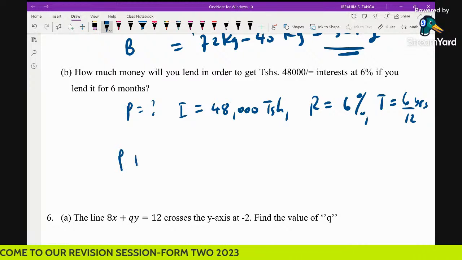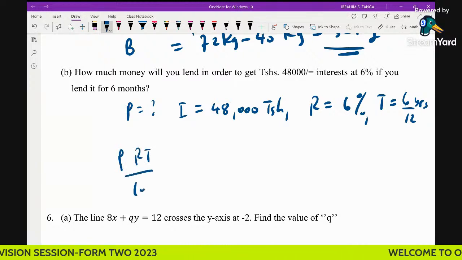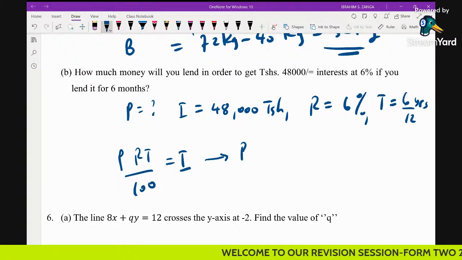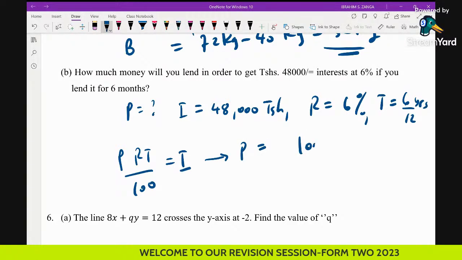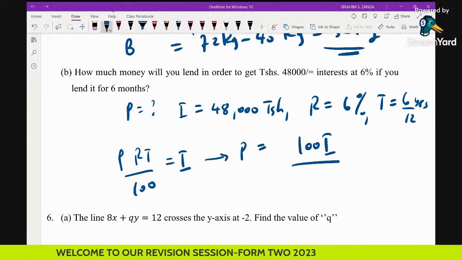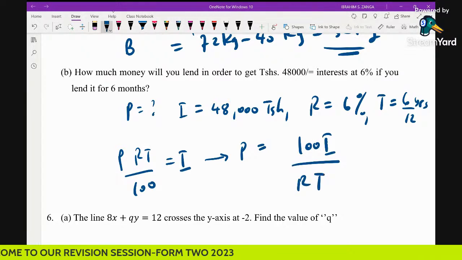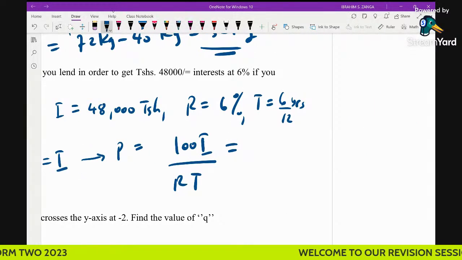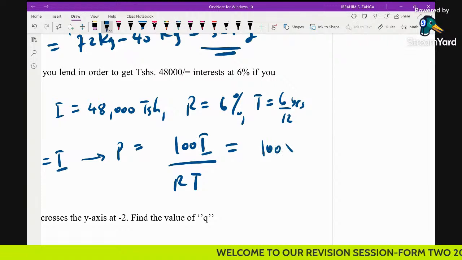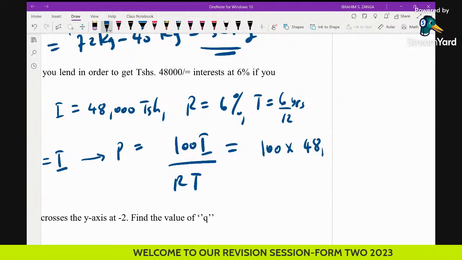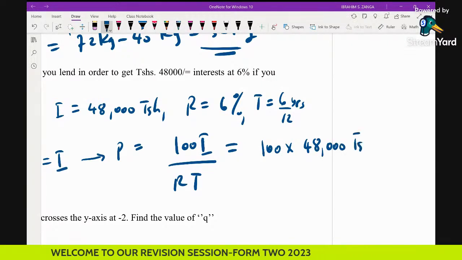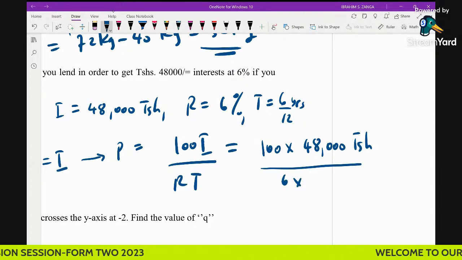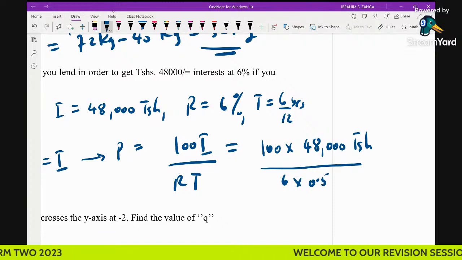So we know that PRT over 100 equals simple interest. From here we are looking for P. P will be 100 times interest divided by RT. So P will be 100 multiplied by 48,000 Tanzania shilling divided by R, which is 6, times 0.5.